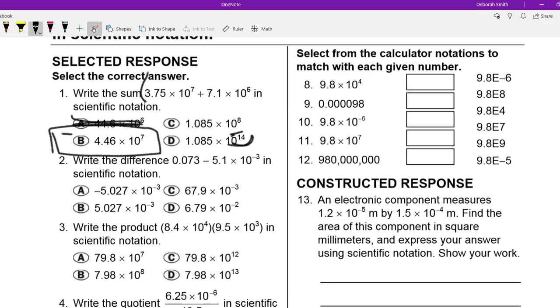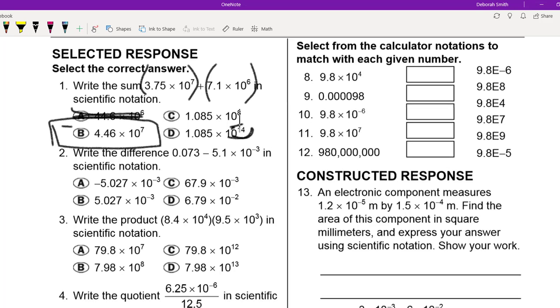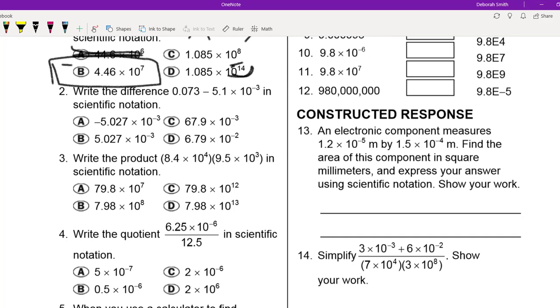So the biggest thing I have to say about this is use your parentheses on your calculator so you actually get the right thing. Here, 73 thousandths minus 5 1/10 times 10 to the negative third.